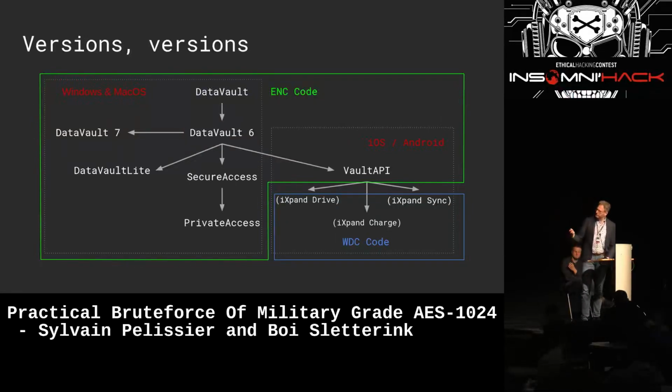Honestly, that's mostly just user interface changes, based on the old user interface. There is a different repository, from which you can generate other versions. Data Vault Lite is the Sony version. Secure Access is the old version used by SanDisk, and they wanted to have it renamed to Private Access.